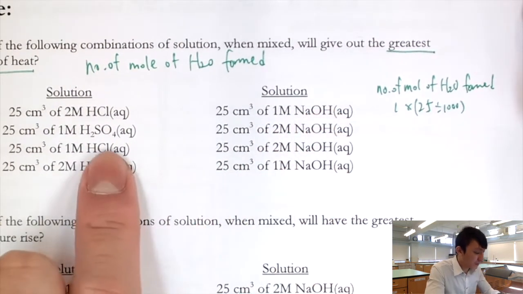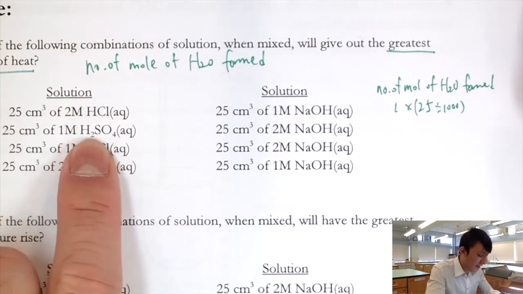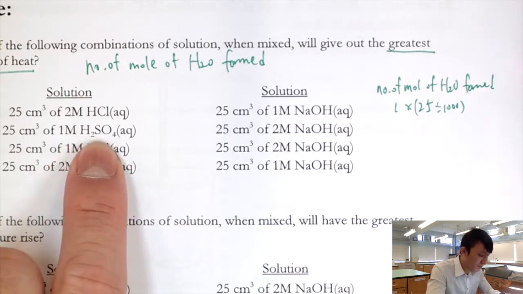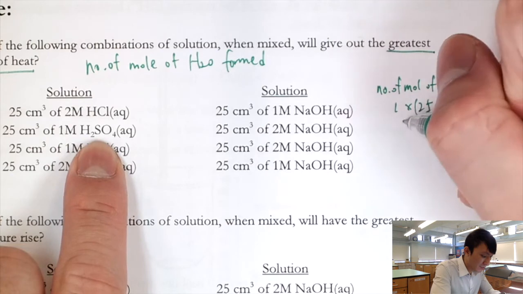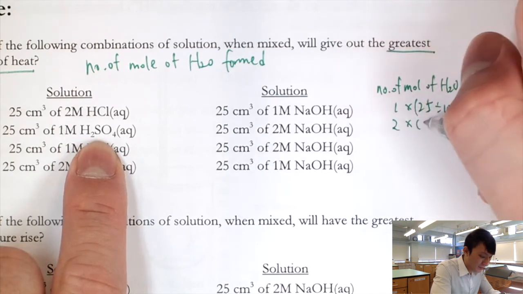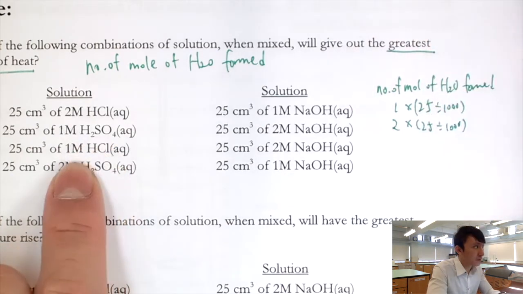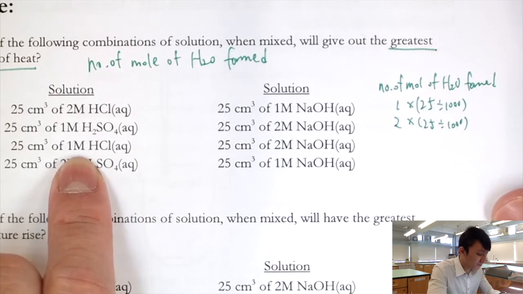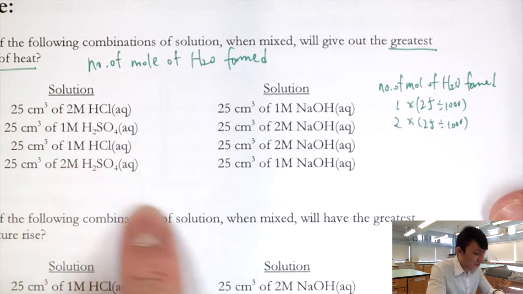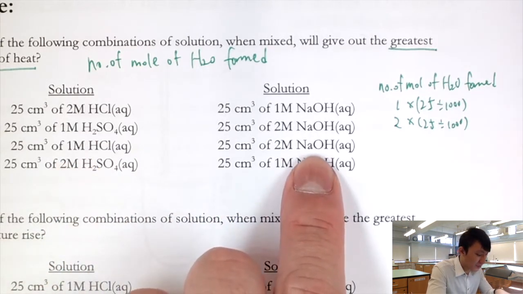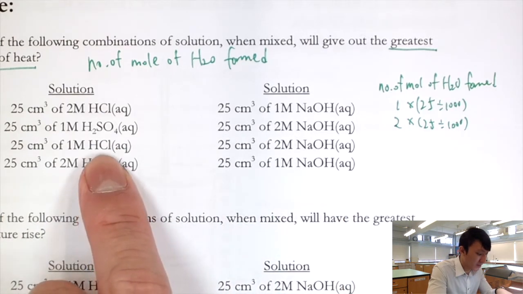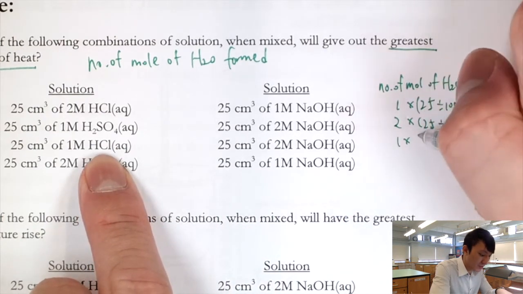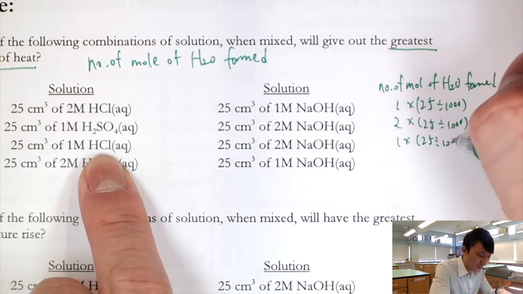For B, this time we have sulfuric acid, so here it becomes 2 times 25 divided by 1000. The third one here, sodium hydroxide is in excess, so the limiting HCl will be totally consumed. So this is the same as the first one.